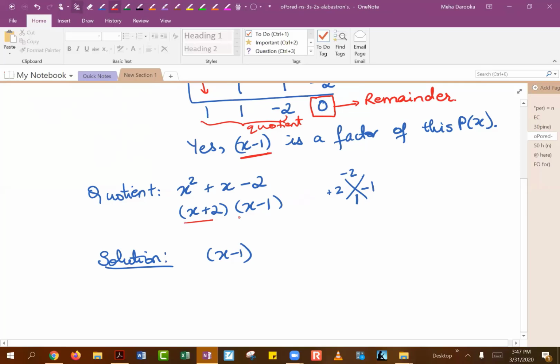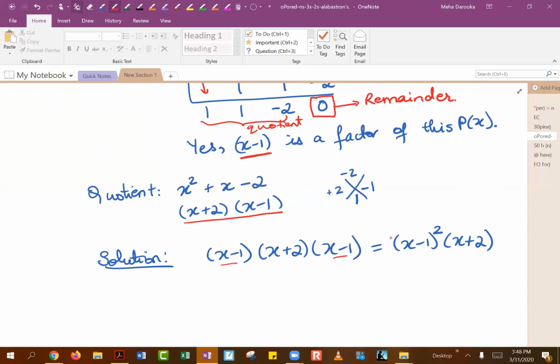And then I'm going to take these two factors from our quotient and put them together as well. So you can write it like this, or if you'll notice, these guys are the same. So you can also write it as x minus 1 to the second power multiplied by x plus 2. And this is your complete answer that they are looking for.